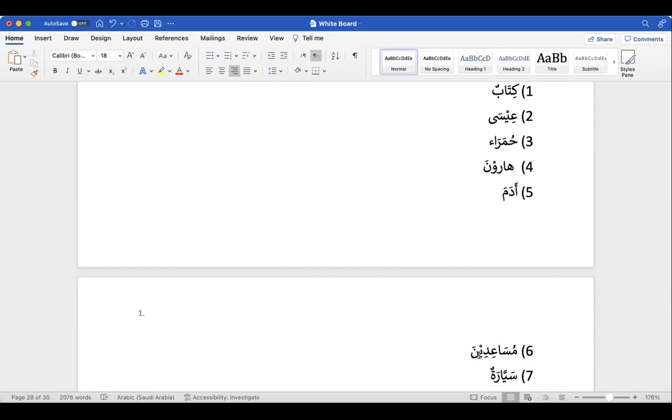If you're getting confused, first of all, it's not a name. If you see the Muslimun chart: Muslimun, Muslimani, Muslimina. Musa'idina looks like Muslimina. It has this noon at the end, so it is fully flexible.